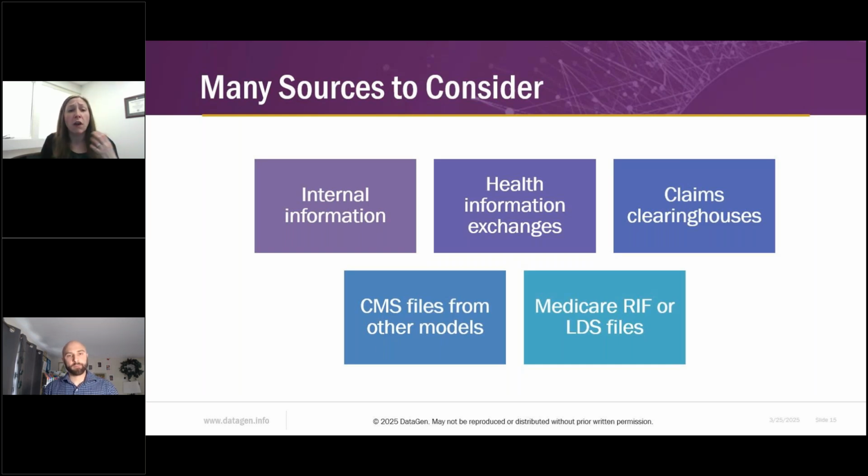And even the choice of RIF or LDS data carries with it different limitations, advantages, and disadvantages. But these are really, I would say, the preferred source when it comes to that coverage across the continuum of care and also being able to cut very specific populations for doing this type of episodic analysis.